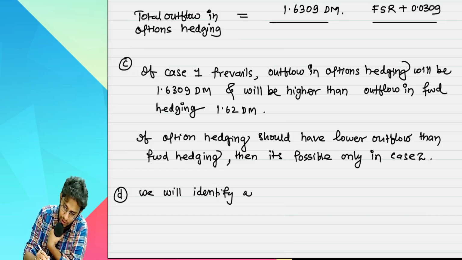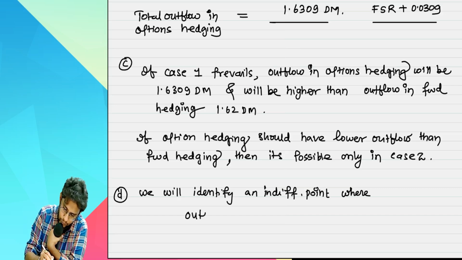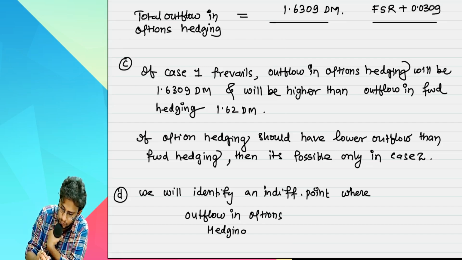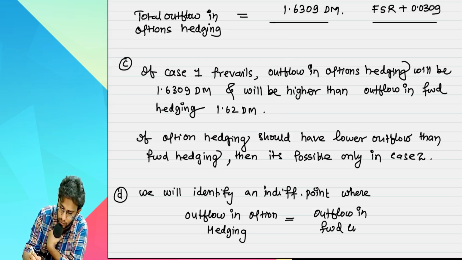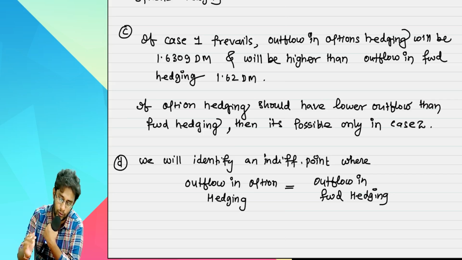We will identify an indifference point where outflow in option hedging will be equal to outflow in forward hedging. If you work out the indifference point rate, then you can work out the range easily.